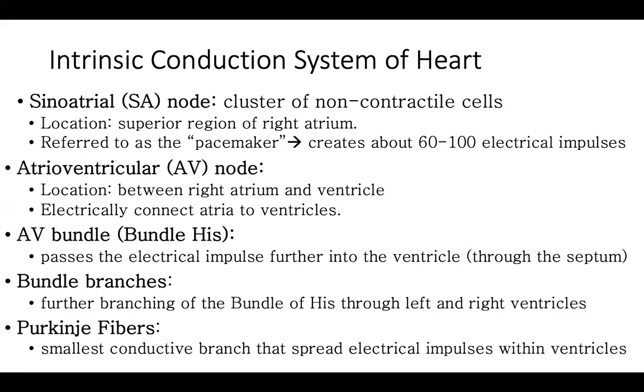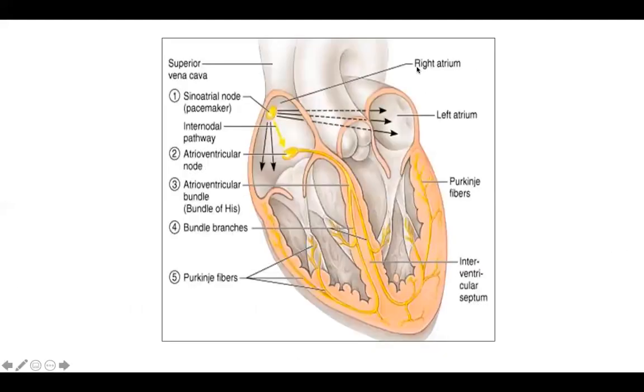Now, the SA node passes its electrical impulse to the next cluster of non-contractile cells, located between the right atrium and the right ventricle, known as the atrioventricular node. Again, you can localize it right here, between the right atrium and the right ventricle.